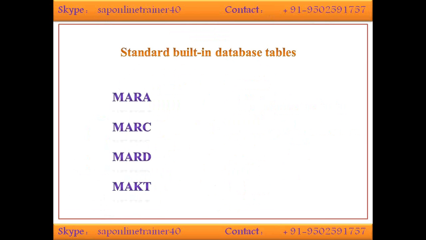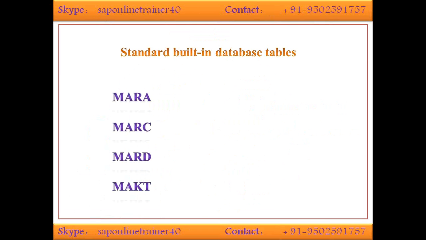We have so many database tables. We have thousands of database tables, but I am trying to list out some of them. Just try to remember all these database tables, and I will also list out some of the fields of these database tables. If you are familiar with these fields, you can easily learn ABAP and easily work with ABAP.